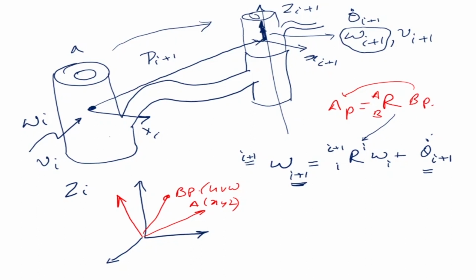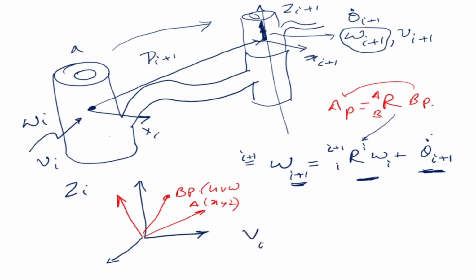This shows us how velocities propagate from one link to another. The next link will have its own velocity plus the velocity of the previous link, expressed in the ith frame, so we multiply it with the inverse of the rotation matrix to get it in the i plus 1th frame. What about the linear velocities?